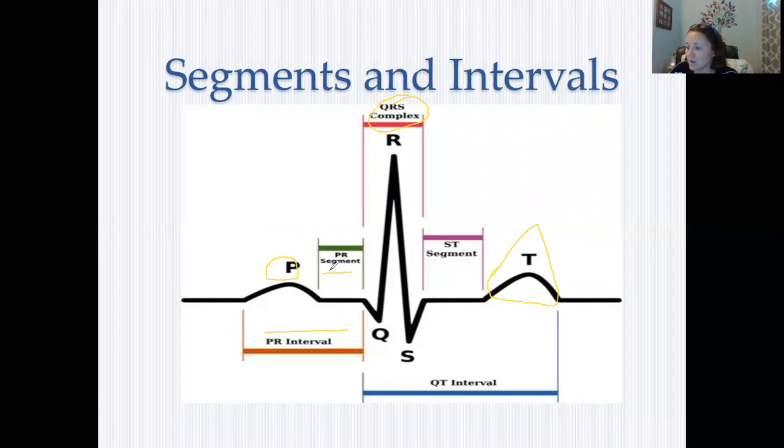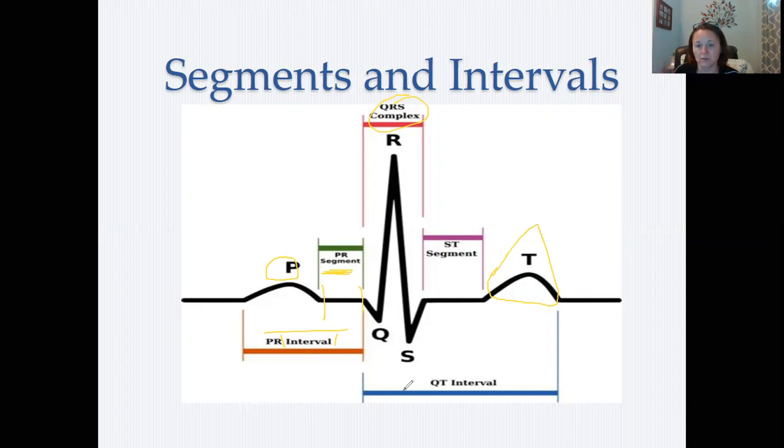With a segment, we're talking about where it is, where it lays in this whole complex. And with an interval, the interval is going to be the amount of time it takes for that interval to happen.